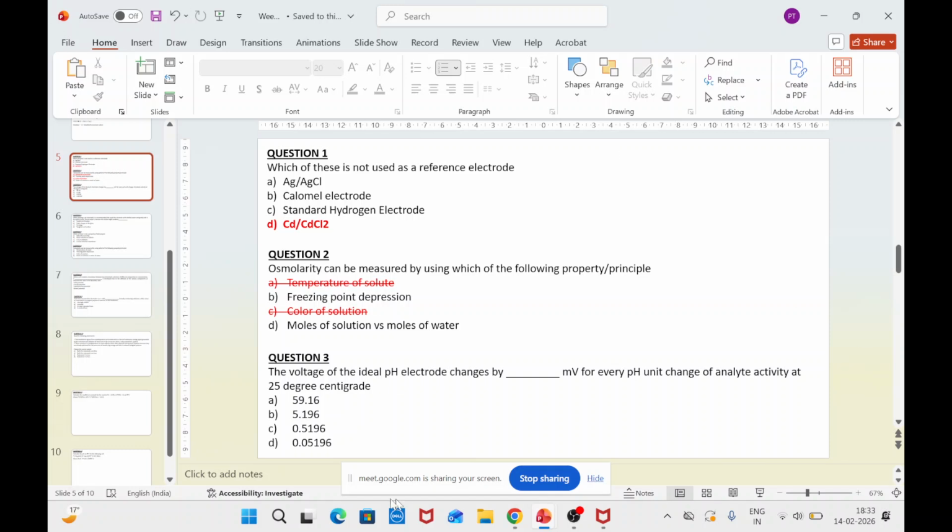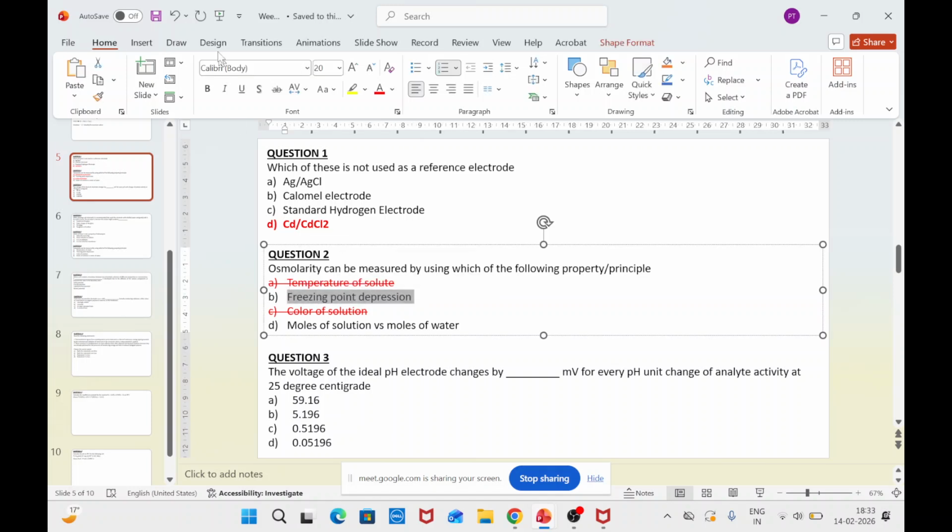So the answer is freezing point depression and not moles of solution versus moles of water, because by knowing moles of solution versus moles of water, you are not able to directly get the moles of solute particles within the system, which should contribute to this osmotic pressure. So freezing point depression.